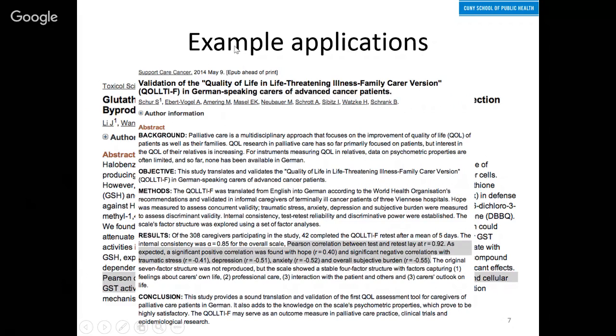This is a nice example, because you can imagine, never minding the data or the study, that a quality of life score should be positively correlated with hope and negatively correlated with these other things. So it's a quantitative measurement of this thing that makes sense intuitively.